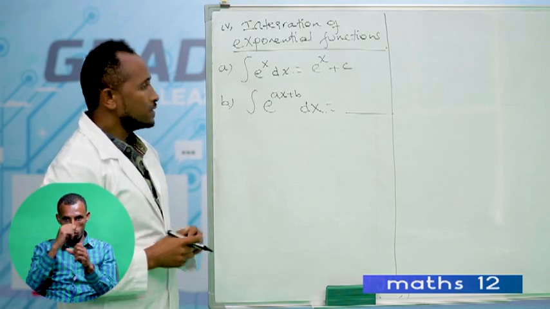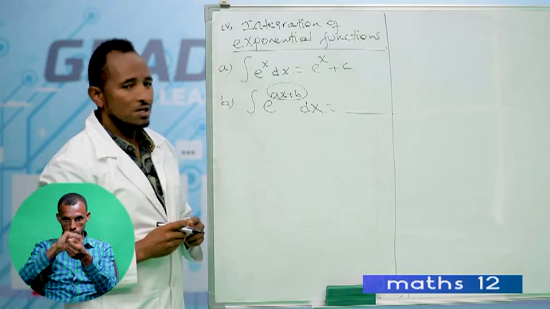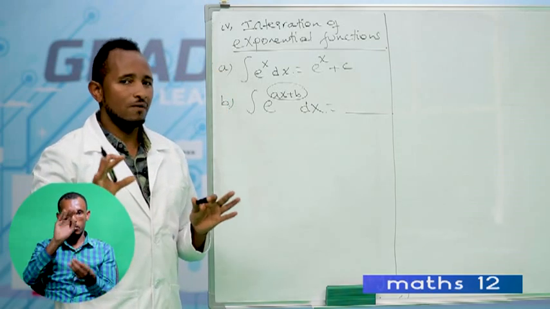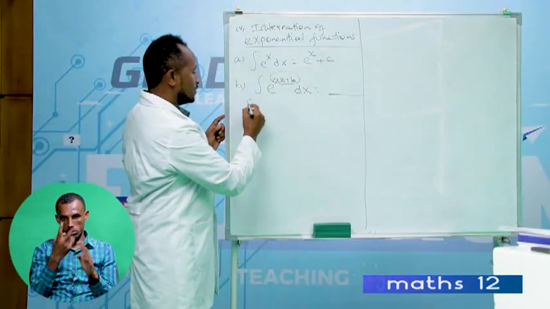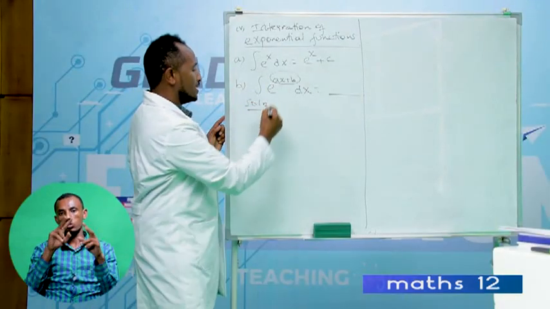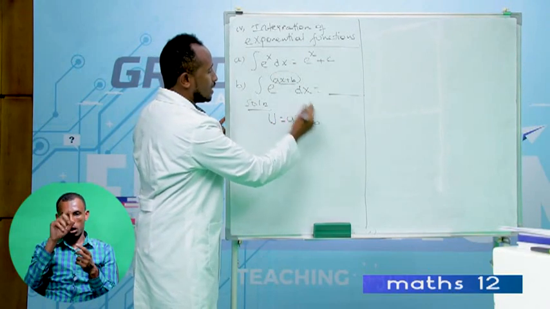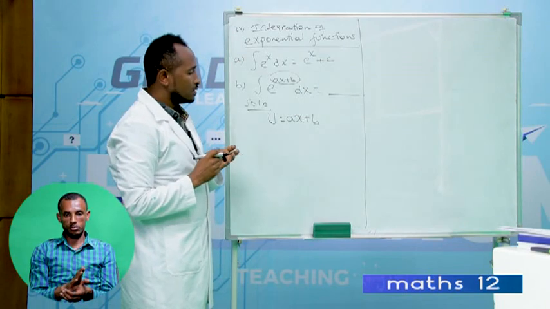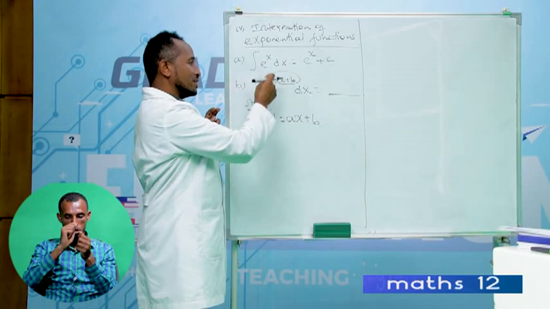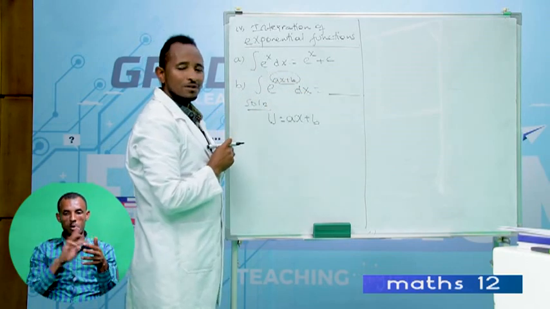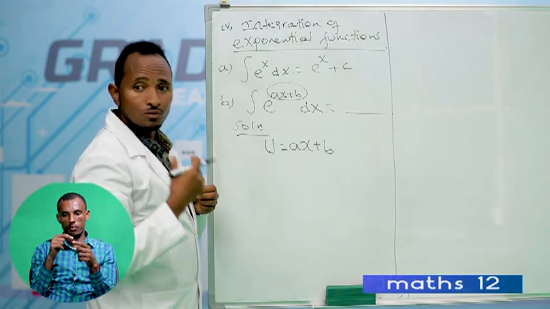To get the answer, I have to change this ax plus b into one variable as earlier. So let's assume u to be ax plus b. Assume this to be a single variable u. So we are integrating e raised to u, but we have the integration variable dx, so I have to convert to du.